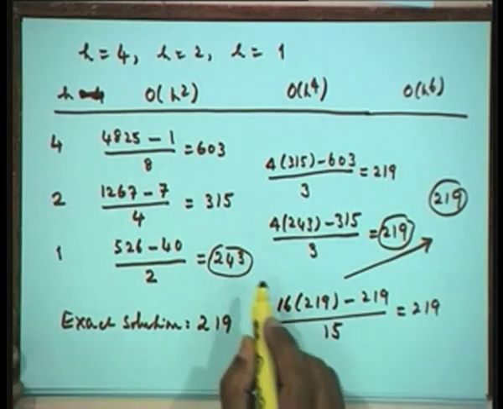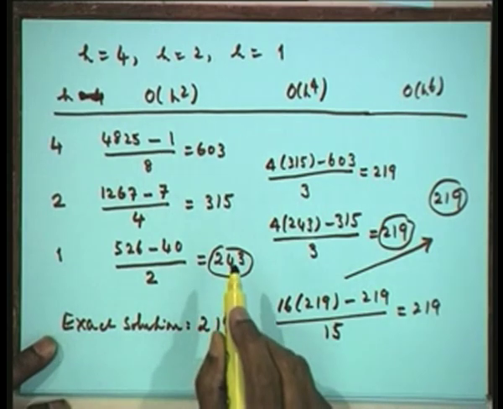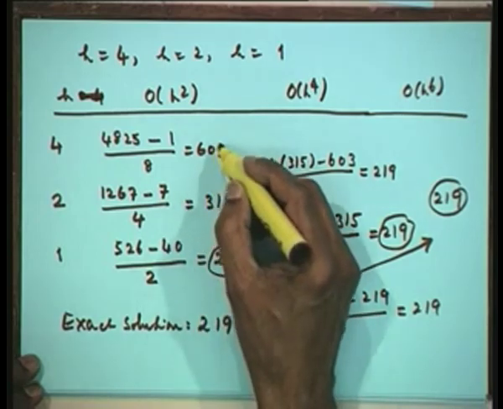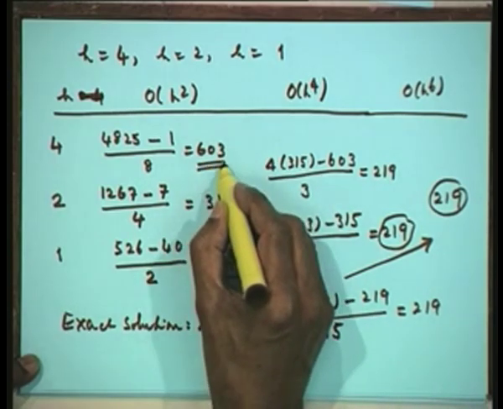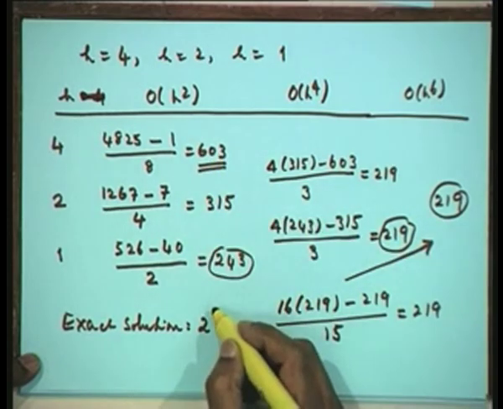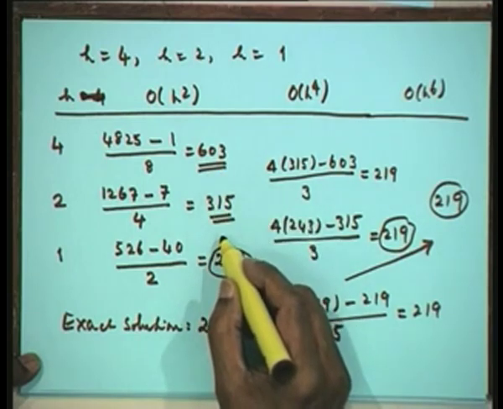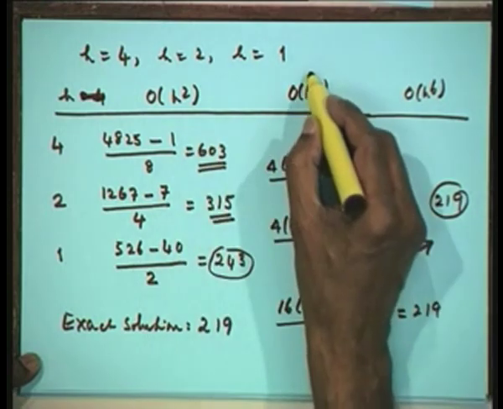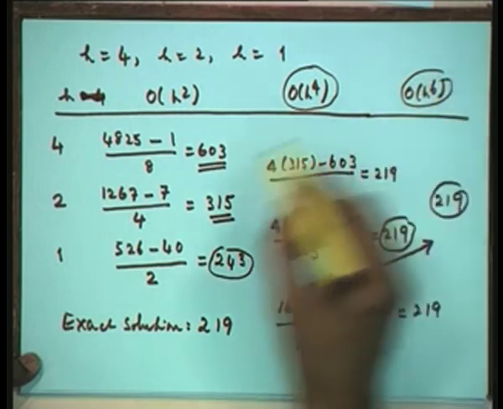In fact in most of the problems Richardson extrapolation really works wonders, because the values which were so much away from the exact solution, this is 603, the exact solution is 219, we are able to manipulate these results which are so bad to get results which are very very accurate, and we are now getting the values as if they had been obtained by order of h to the power of 4, order of h to the power of 6, and so on.